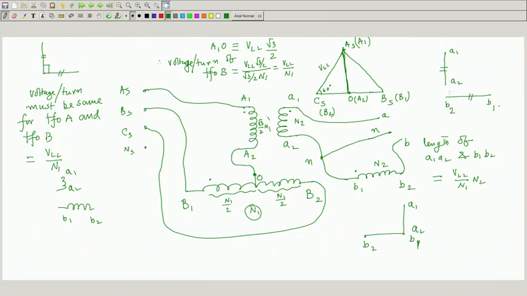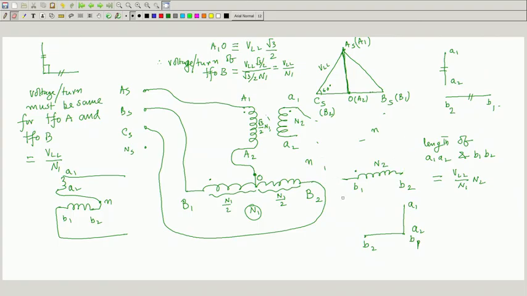A2 with B2 I could short, and get the output from this, getting the neutral. Therefore, let me clear this, I will do it like that. Let me slightly modify this, but you get the idea, that will also work, no problem.